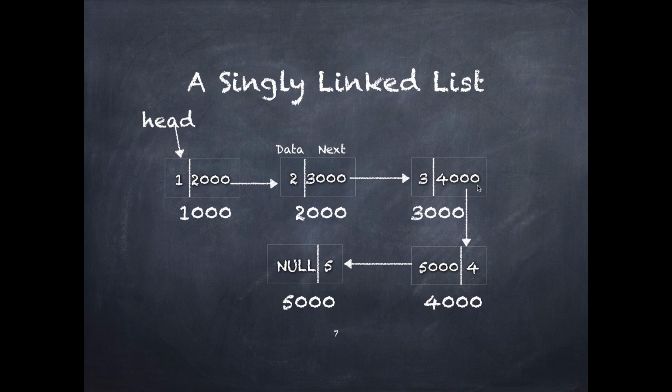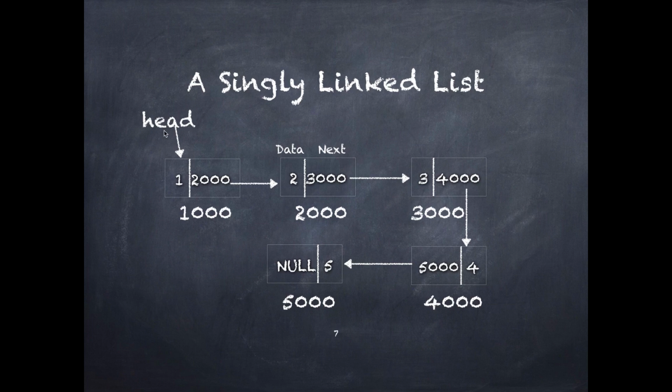The third node stores the address of the fourth node, that is 4000, and 5000 is the next node. Hope the values in the nodes are clear. See the last node. The last node's address part is set to null. That means this is the end of the linked list. No more nodes are linked with it.